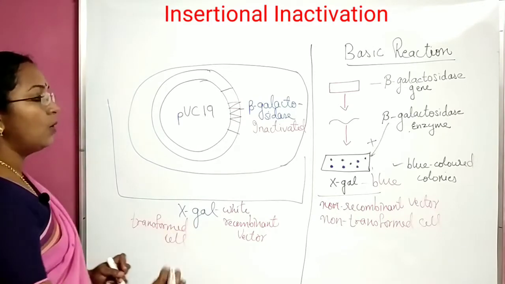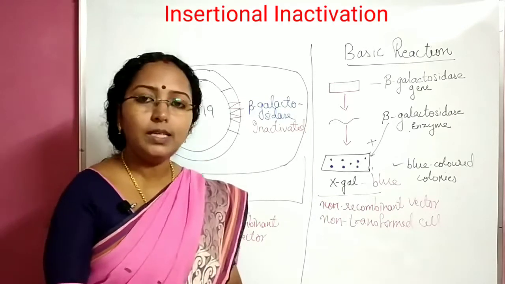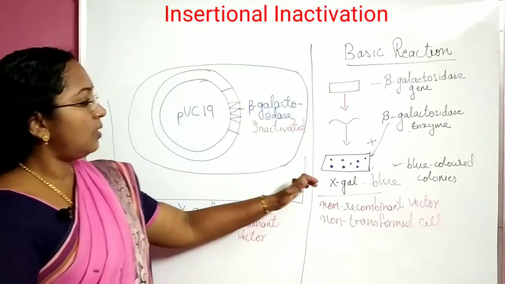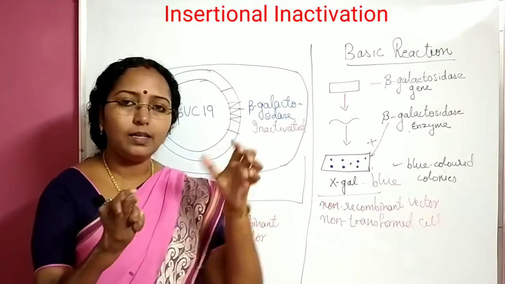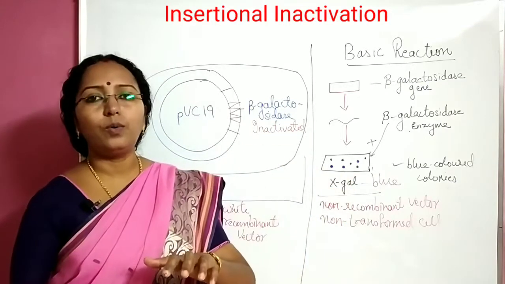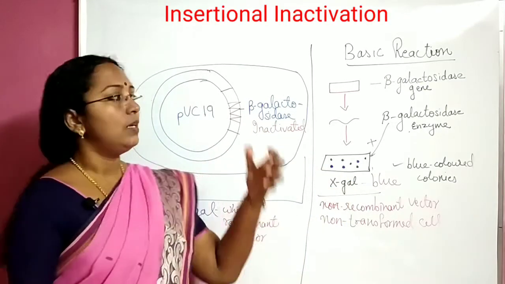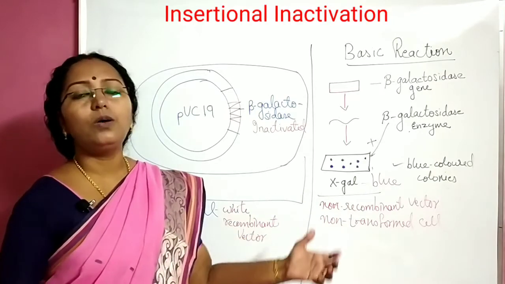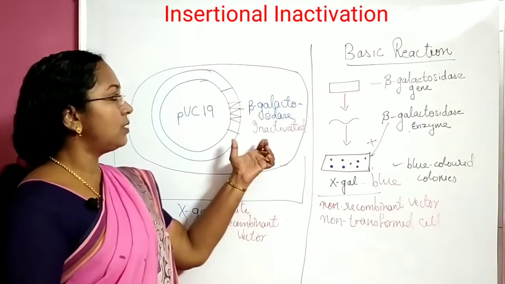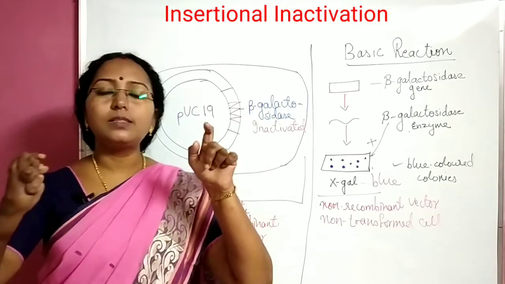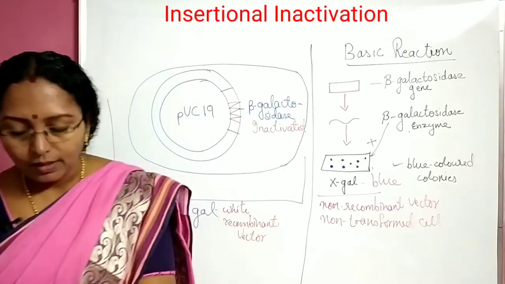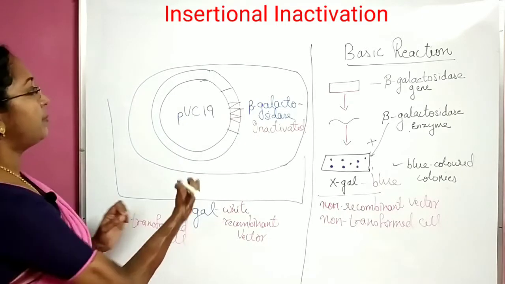So this is how, using insertional inactivation with just differentiating the color, whether I am getting blue or white, I can distinguish whether the cell that I have is transformed or non-transformed. So this is one example of insertional inactivation with the help of a chromogenic substrate.